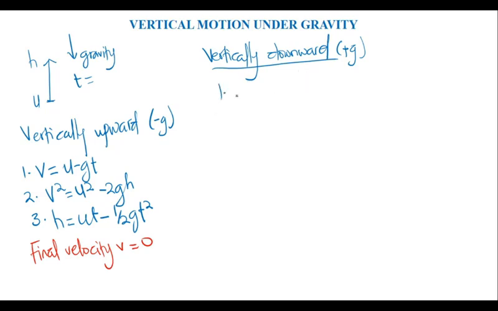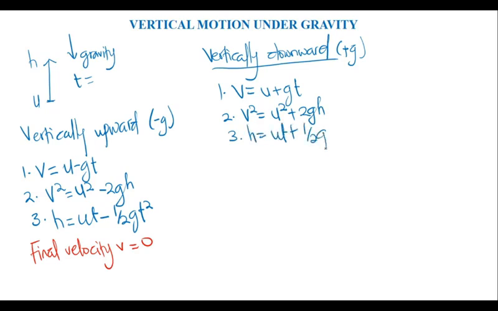So the first one is v = u + gt. The second one is v² = u² + 2gh. The third one is h = ut + ½gt². Now, for a body coming downwards, the initial velocity of the body is always equal to 0 meters per second.